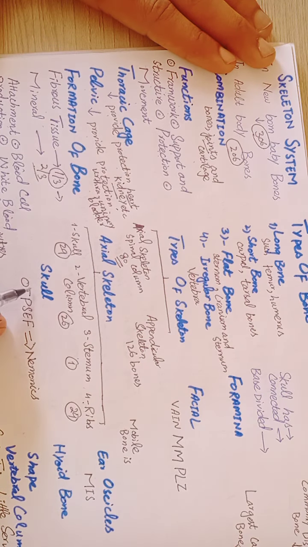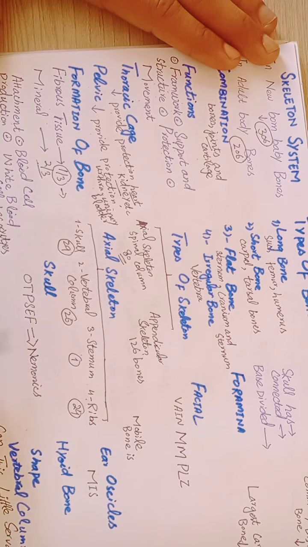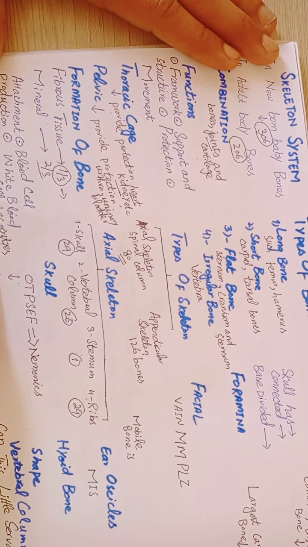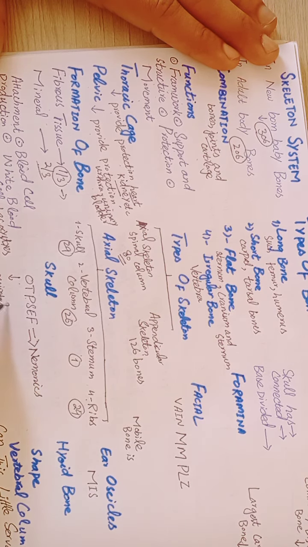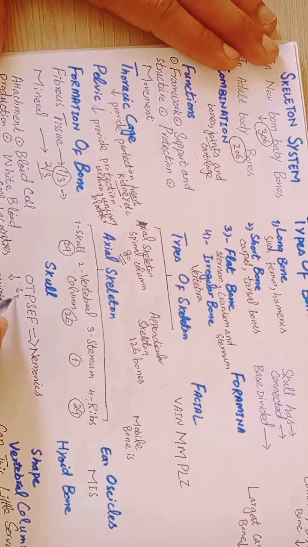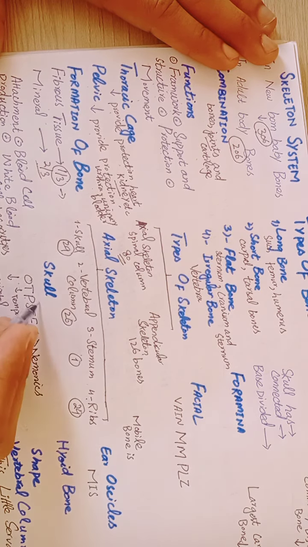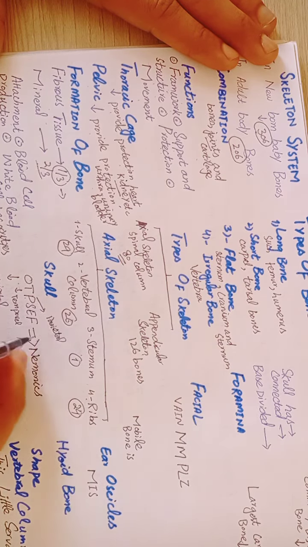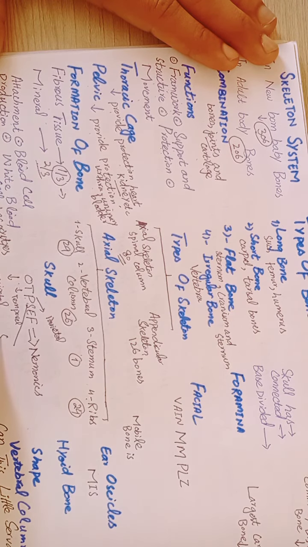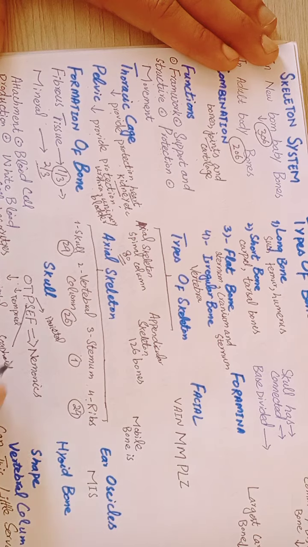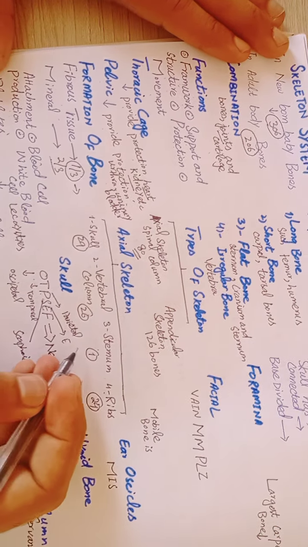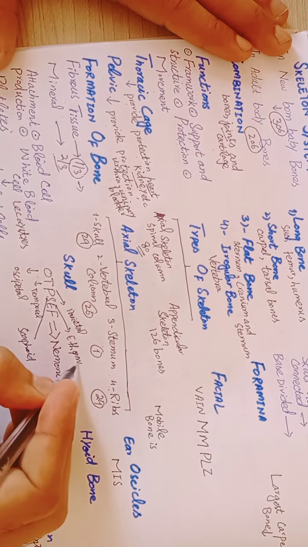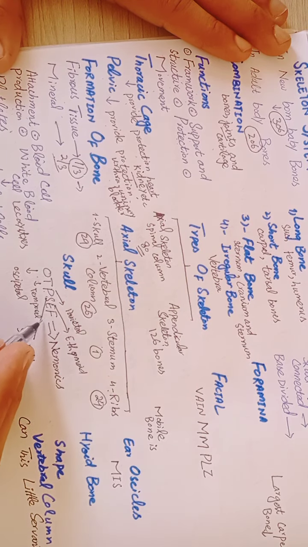Skull. We remember skull bones by this mnemonic: OTP, SEF. O for occipital, T for temporal, P for parietal, S for sphenoid, E for ethmoid, F for frontal.